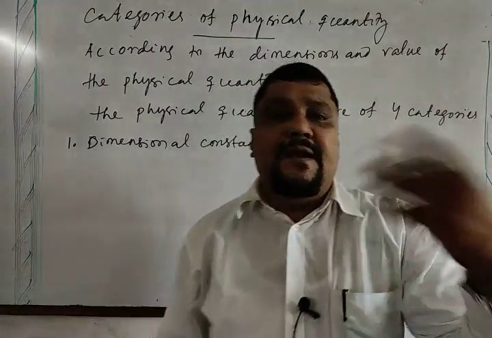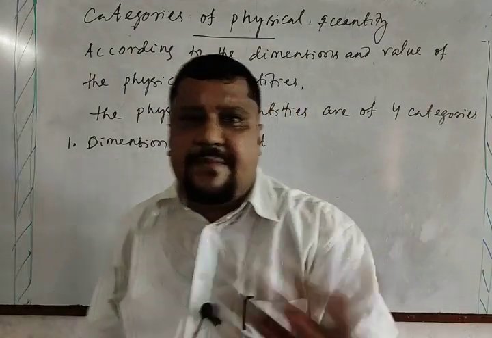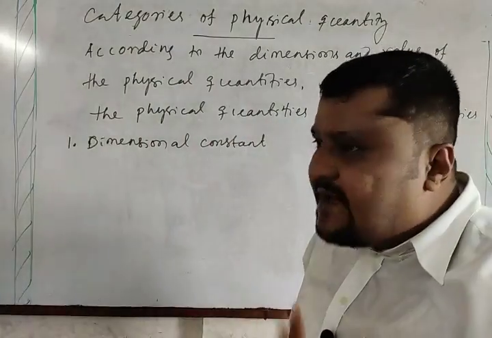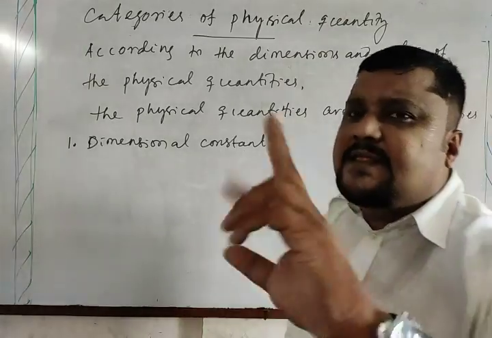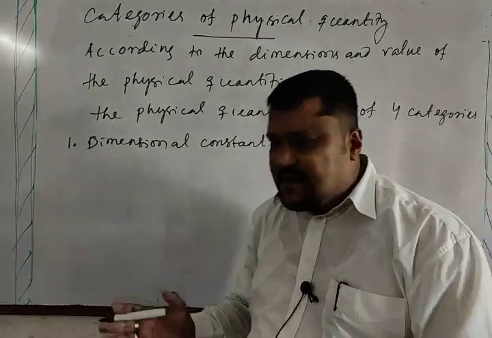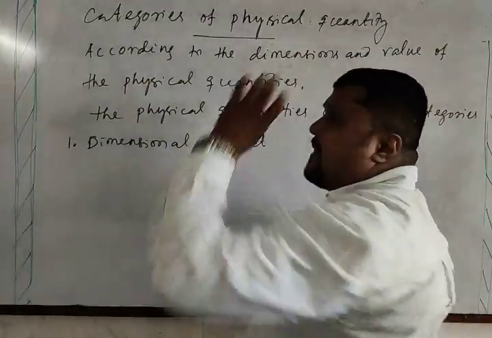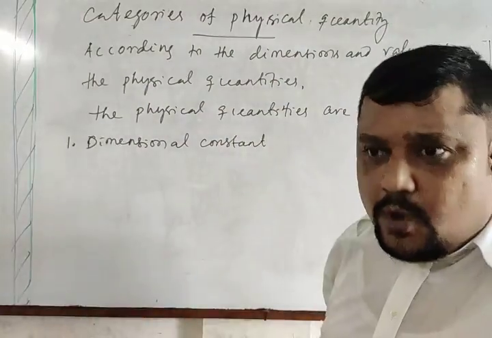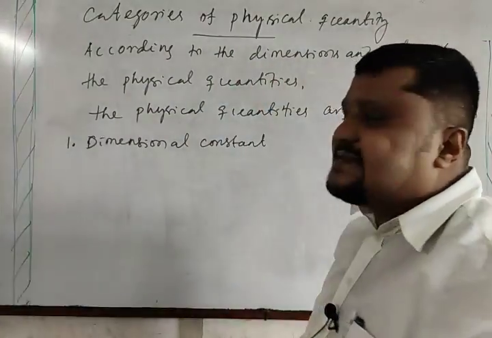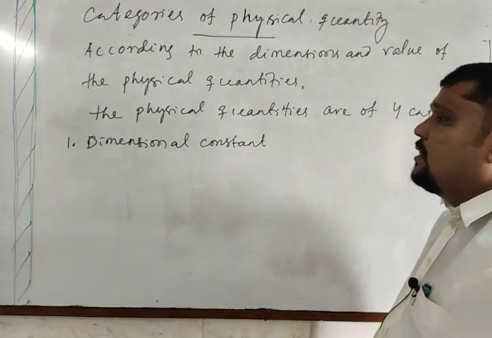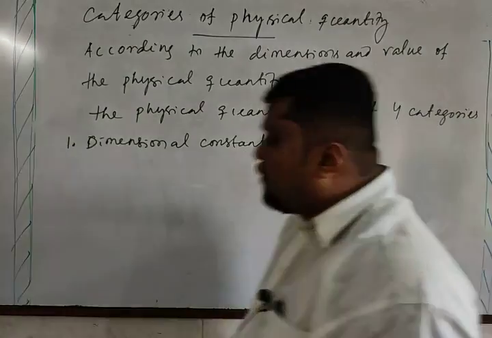The fundamentals do not depend on other quantities, but the derived depend on fundamental. So all the physical quantities on that basis are of 2 types. On the basis of dimension and its value, the physical quantities are of 4 categories.